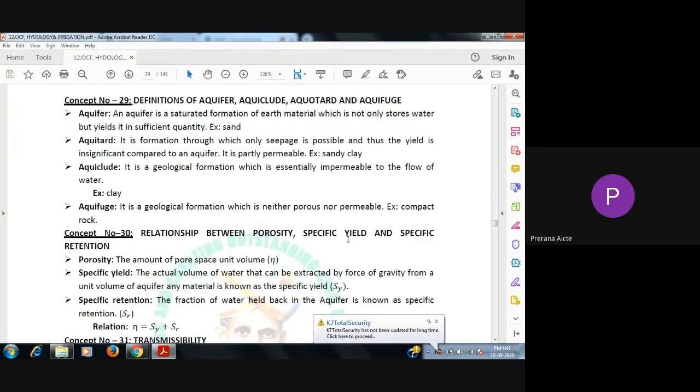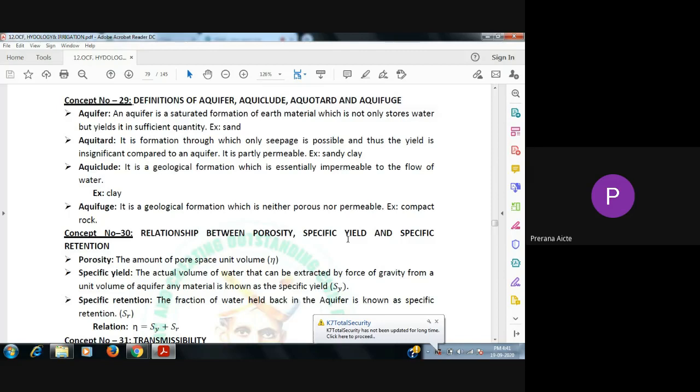If you observe these definitions: aquifer, aquitard, aquiclude, aquifuge, one may contain water and transmit, one may contain water but not transmit, and one neither contains nor transmits. Yields means to transmit, to yield in significant quantity.